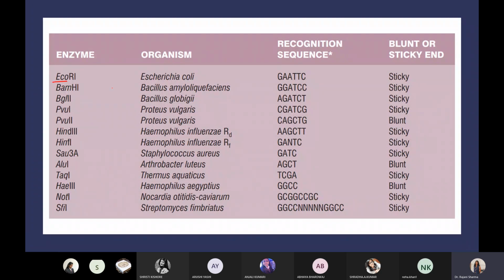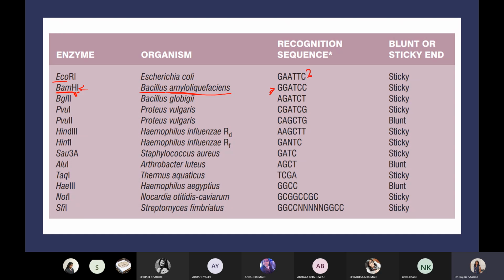Just like in BamH1, it is 1, not L or I. In BamH1, the first letter is in italics, where it is isolated from Bacillus as a genus, and amyloliquefaciens is the species, H is the strain, and the first enzyme isolated was BamH1, which has a particular recognition site, GGATCC.